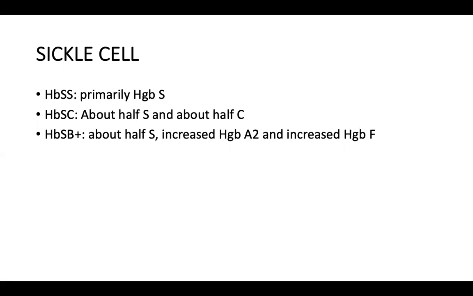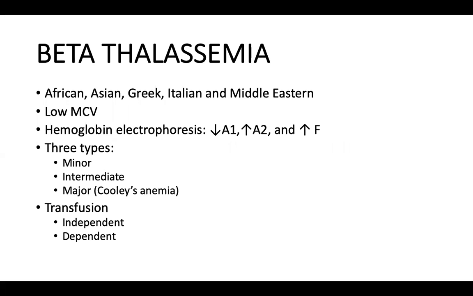So we'll go to the next slide, Rachel. The next thing I'll talk about is beta thalassemia, because it is actually the next most common hemoglobinopathy. Now, beta thalassemia can be seen in African, Asian, Greek, Italian, and Middle Eastern individuals.